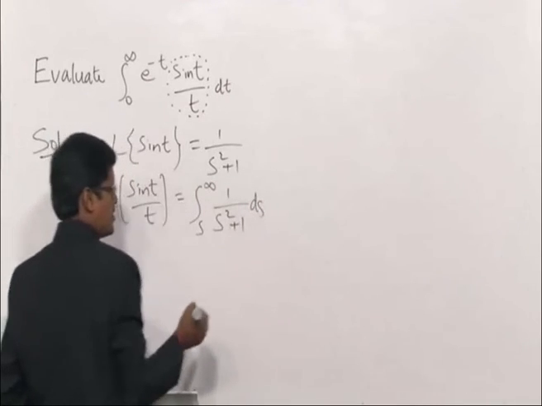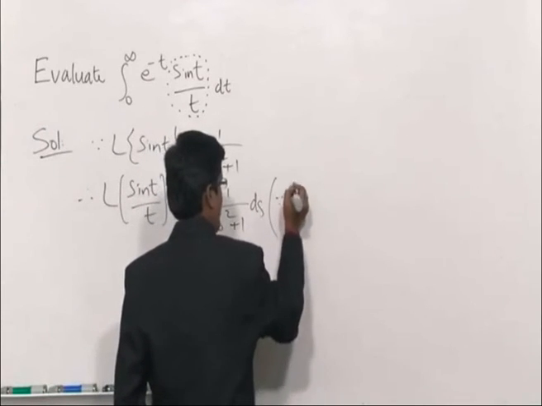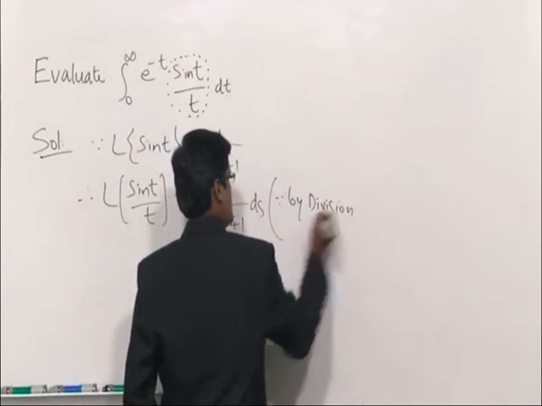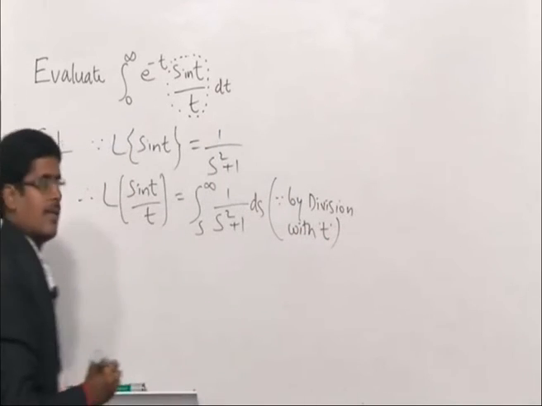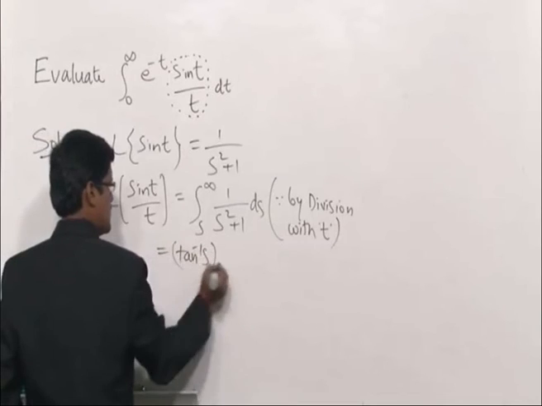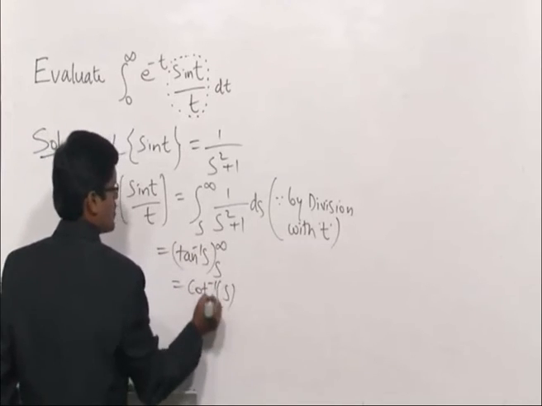This problem I have done the same, sin a t by t, using division with t. Now this is tan inverse s, limits s to infinity, and it simplifies to cot inverse s. Just refer to the previous problem.